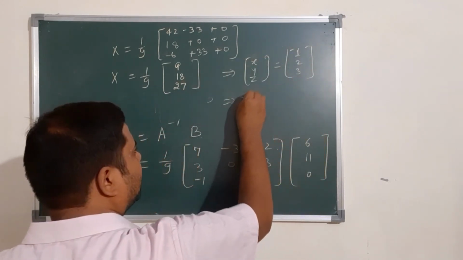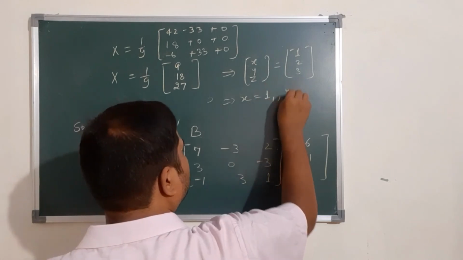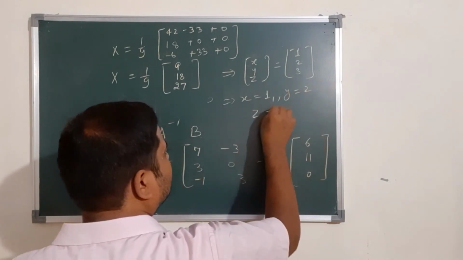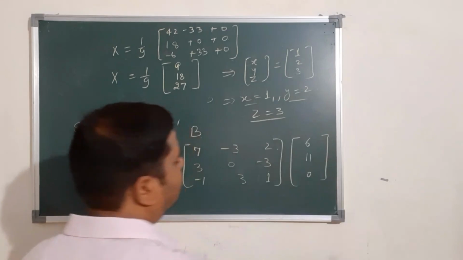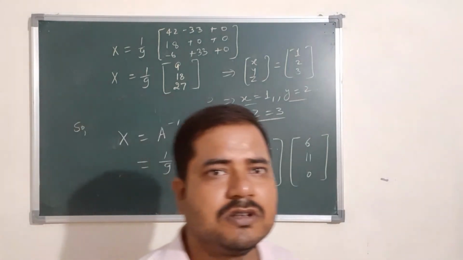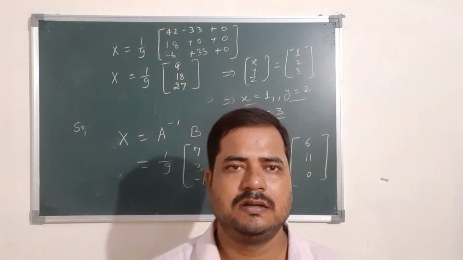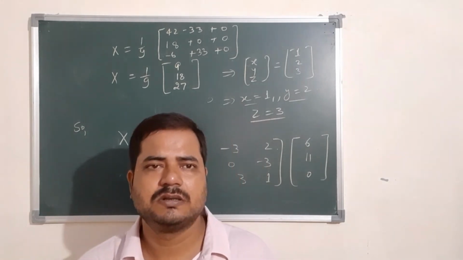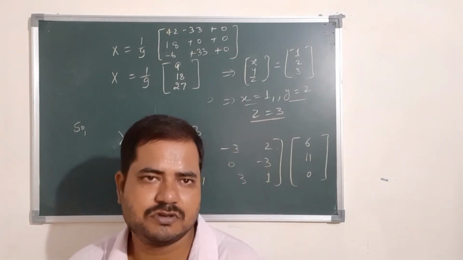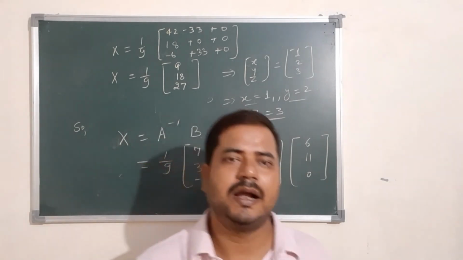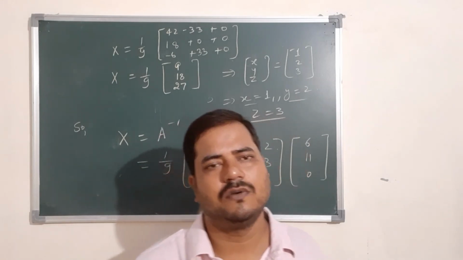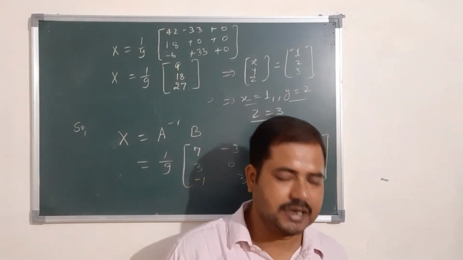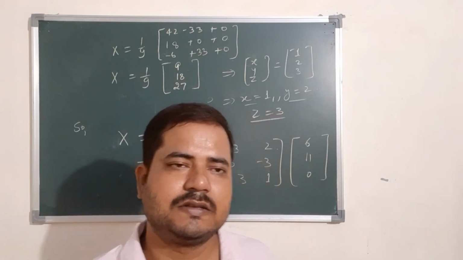So the value of x is equal to 1, y is equal to 2, and z is equal to 3. In this manner we have to solve the first system of linear equations. I hope you try to solve these types of equations and get the answer. So your homework is exercise 4.6. Thank you.